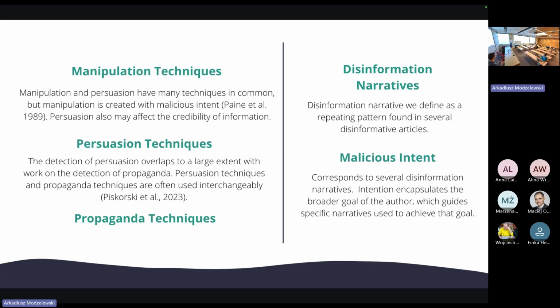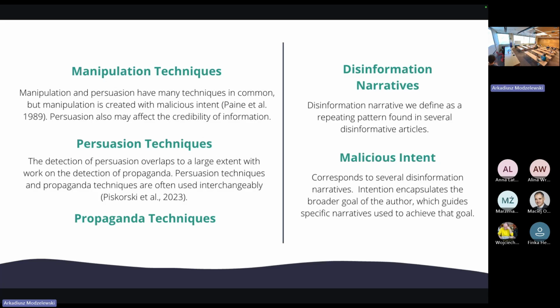The reason is that, especially in the NLP community, manipulation techniques and persuasion techniques overlap. There are many different techniques that are manipulative and at the same time persuasive. So we may think that manipulation is persuasion, but with a malicious intent. And persuasion also may affect the credibility of information.